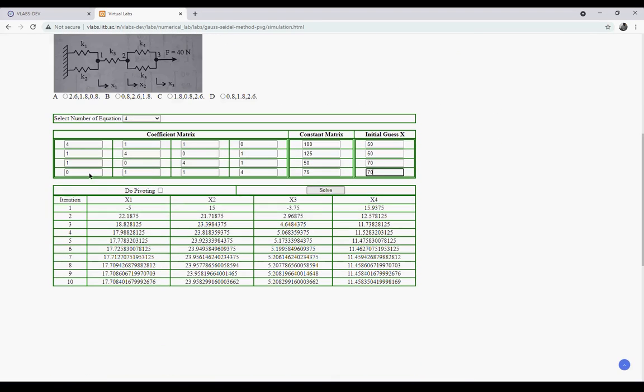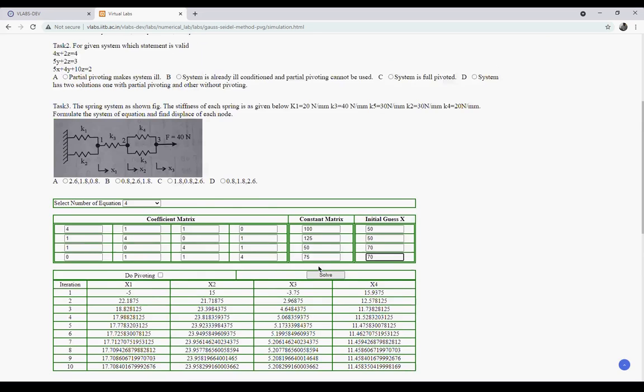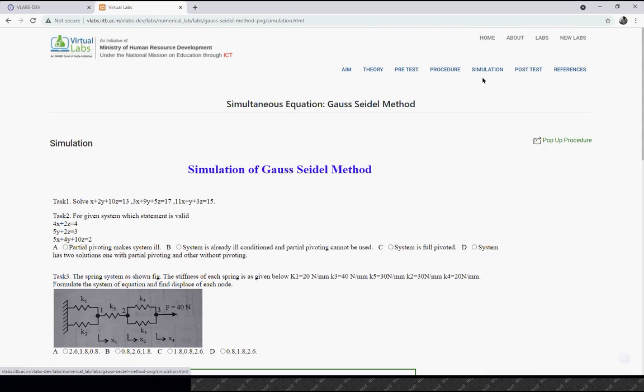Okay, so you can use this to find the solution. It can always solve 4 by 4.